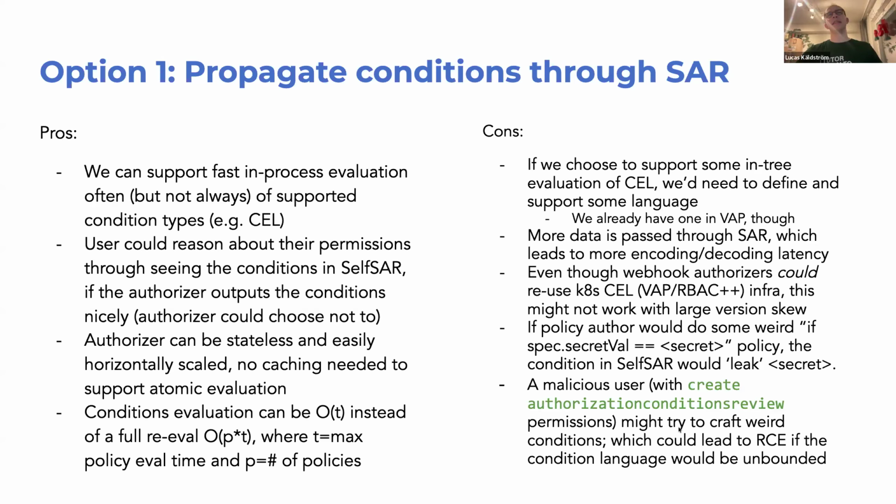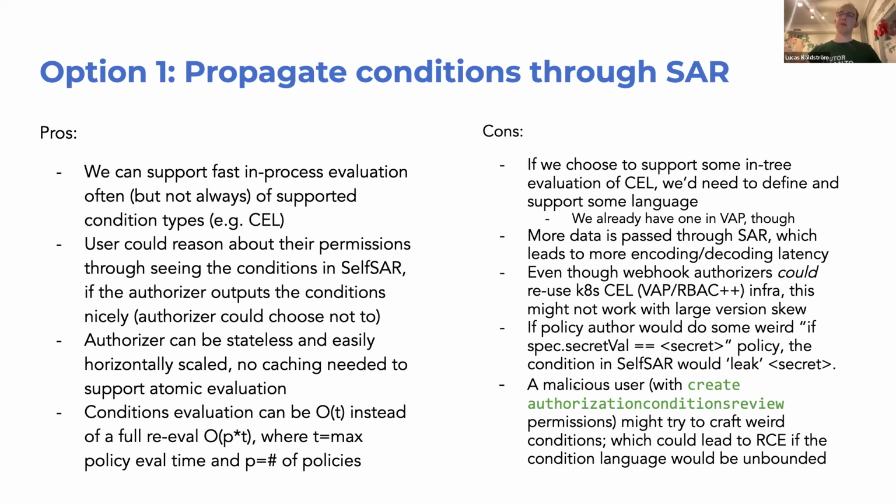So what is the attack vector of that, practically? Say the conditions I emit could be expensive for me to evaluate in my backend, and I don't want someone who can just run a self-SAR to send nonsense to my backend.